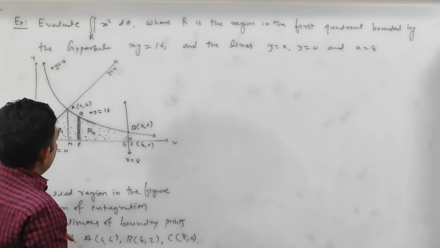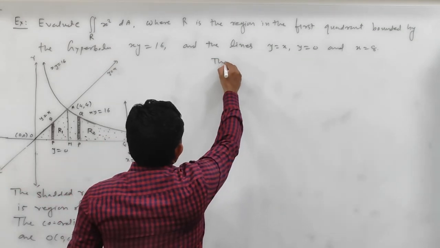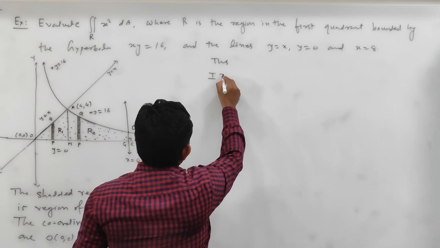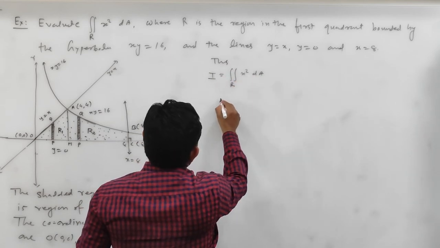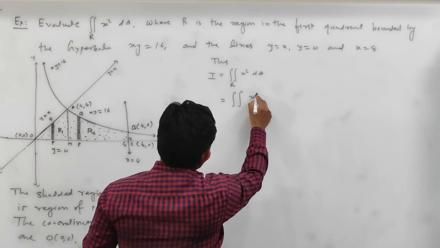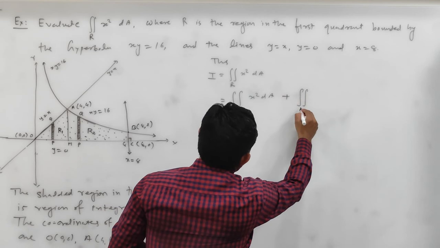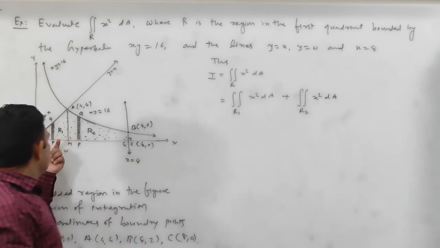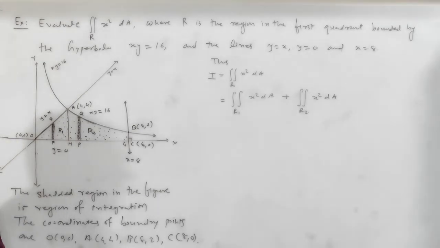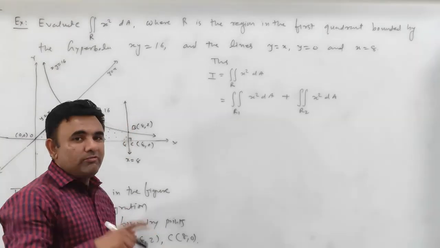Therefore this I is the double integration of x square dA over R. But now this double integration of x square dA will be over R1 plus double integration over R2 of x square dA. R1 is this one and R2 is this one. Here I have considered a vertical strip, so the limit of y will be variable.